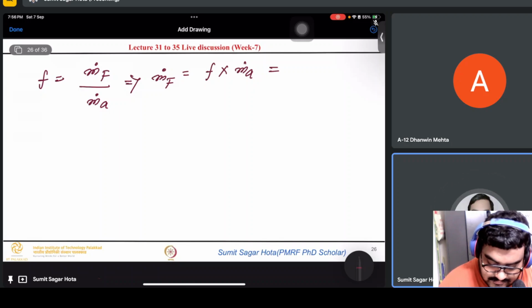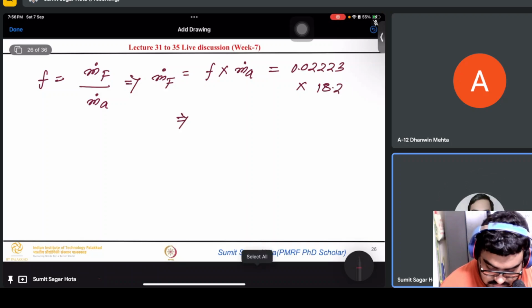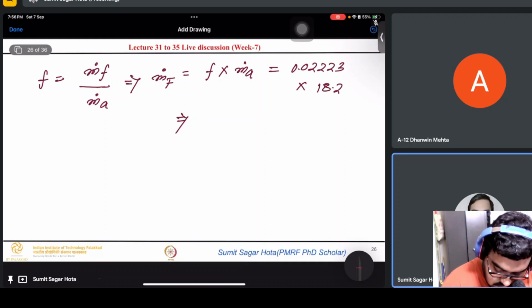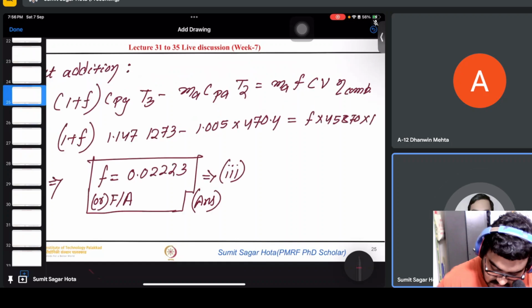So the f will be 0.02223 into m dot a is 18.2. So m dot f will be 0.405 kg per second.